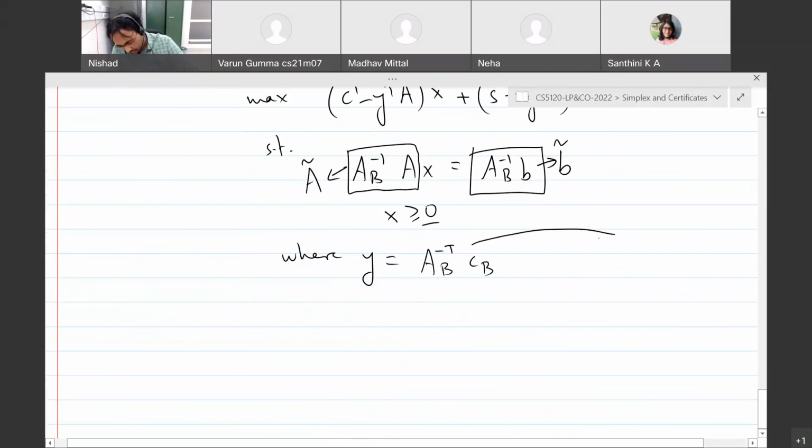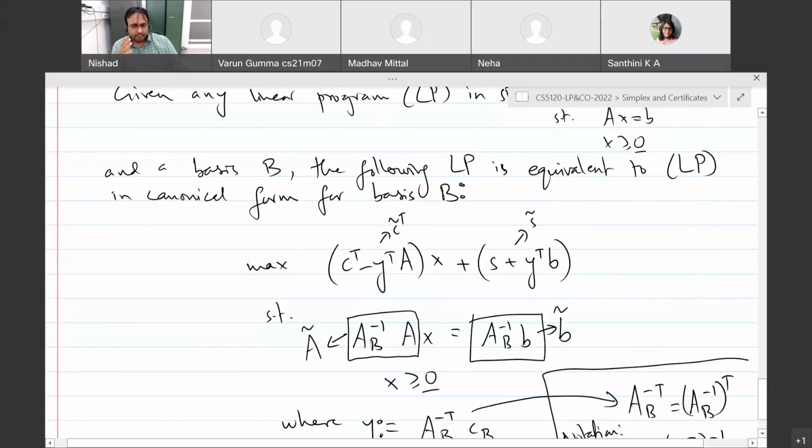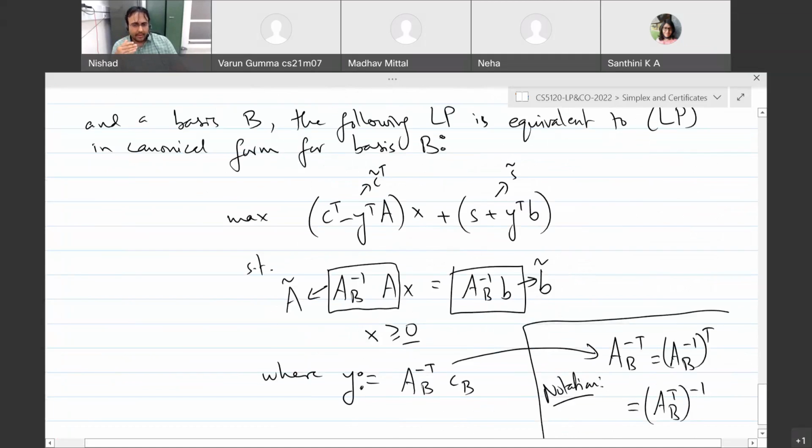Just for the sake of notation, this is the same as first taking the inverse and then taking the transpose, which is the same as first taking the transpose and then taking the inverse. Okay. So if you follow this, you're given a basis, you can convert any LP into canonical form for that basis.